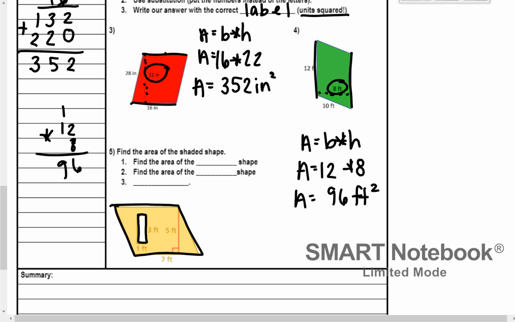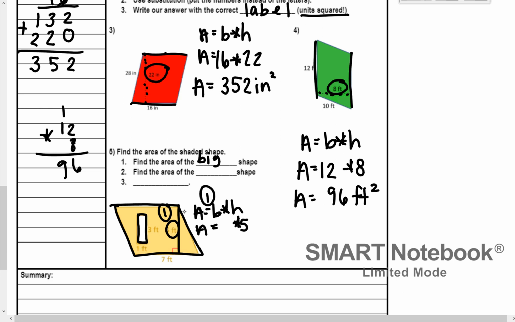So the very first thing I'm going to do is find the area of the big shape, that part that's shaded. That's going to be my shape 1. And I'm going to write my formula. I have to show those 3 steps. Area equals base times height. Area equals my height is 5. That's the height that's connecting those 2 distances.